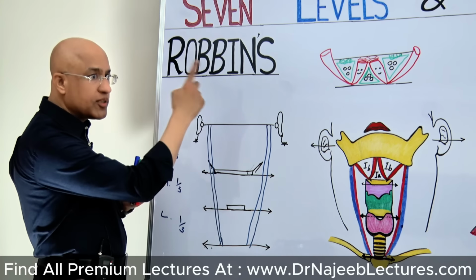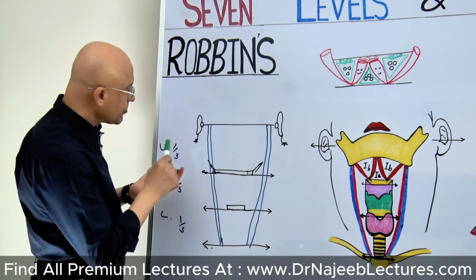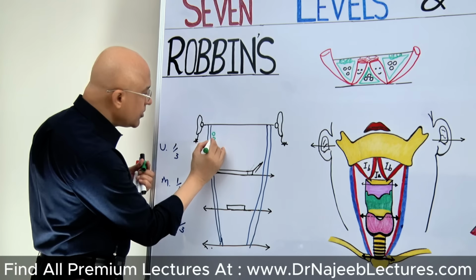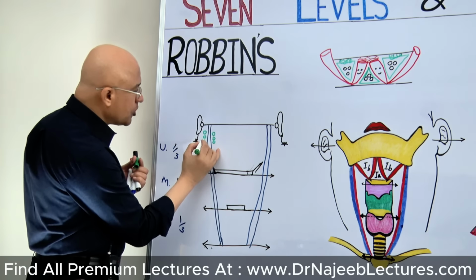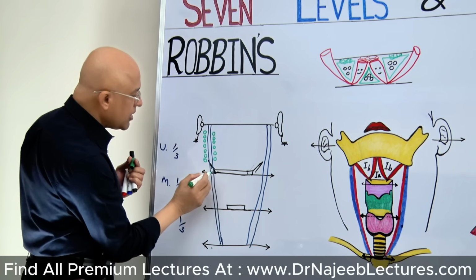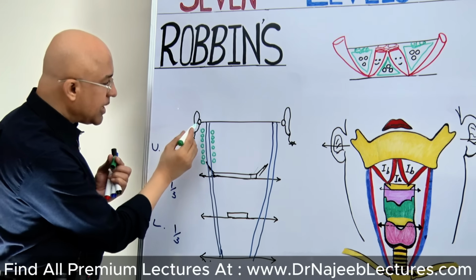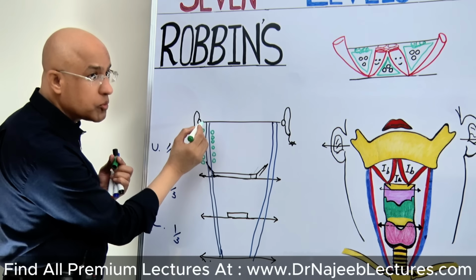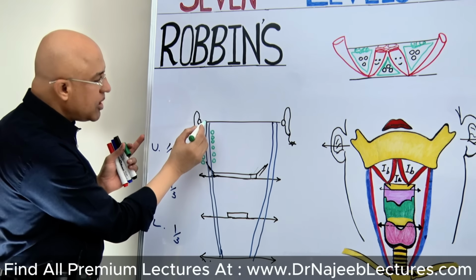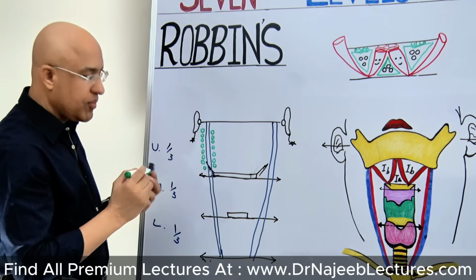But when we talk about Robbins classification, we divide them into levels. The lymph nodes around the upper third of the internal jugular vein, anatomically from the base of the skull, and in deep dissection up to the jugular foramen, these lymph node groups are called level 2.